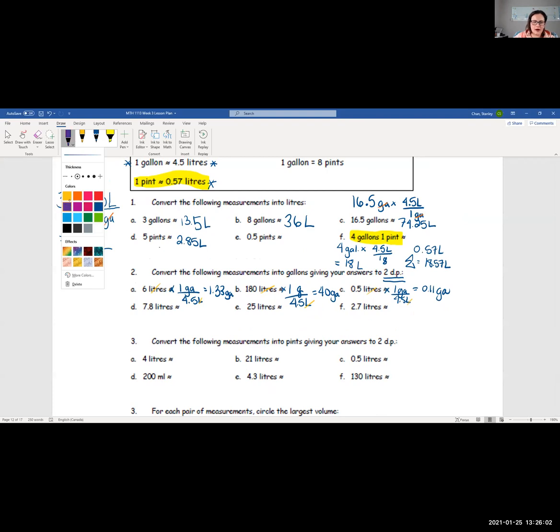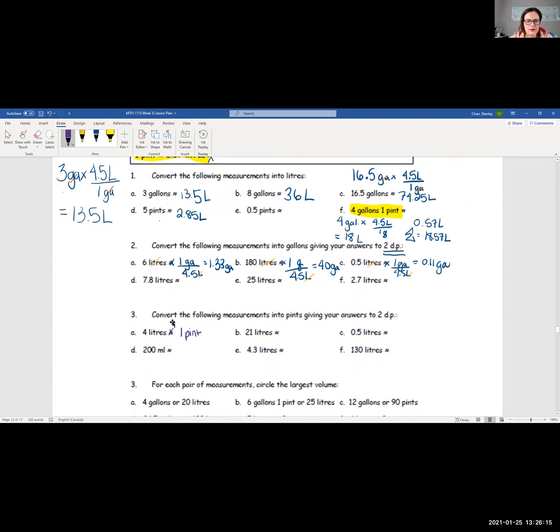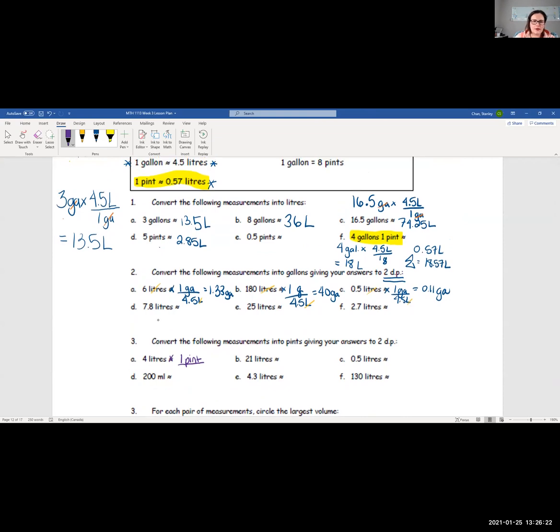We're going to say 4 liters, we'll multiply this by 1 pint goes on the top. That's what you're looking for, right, Kaylin? I believe Kaylin was asking the question earlier. Yeah, so whatever you're looking for goes on the top. That's correct. 1 pint goes on the top. And then you divide that by what's going on the bottom to cancel out liters. So that's 0.57 liters.